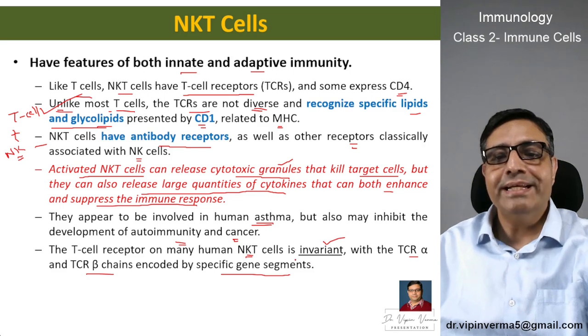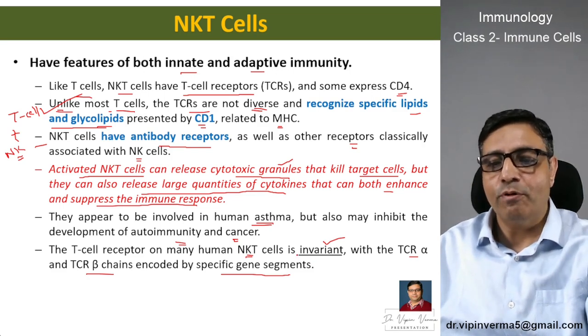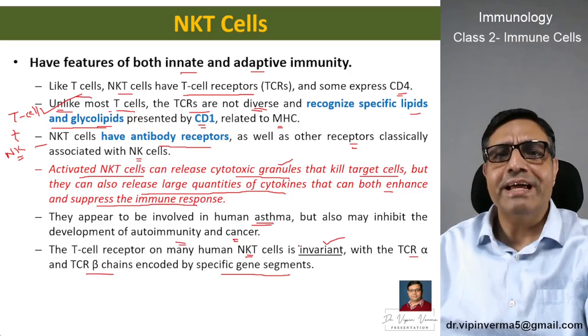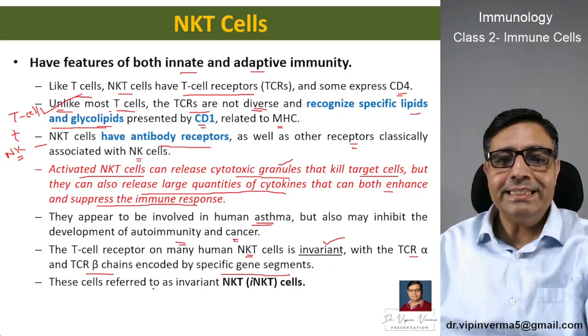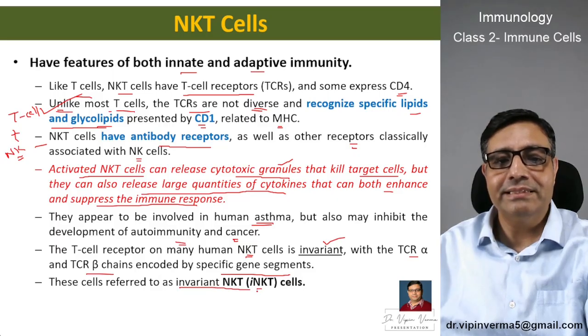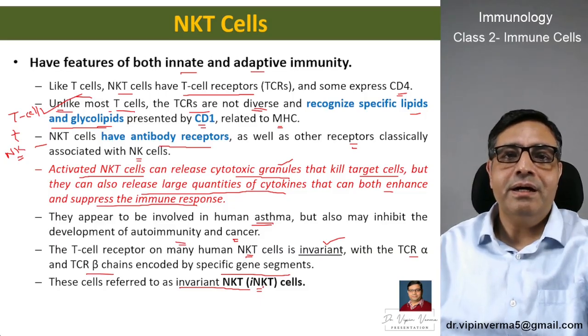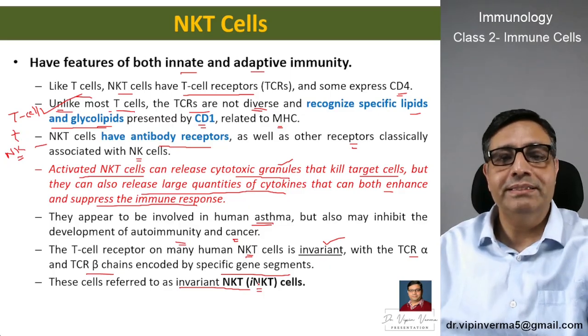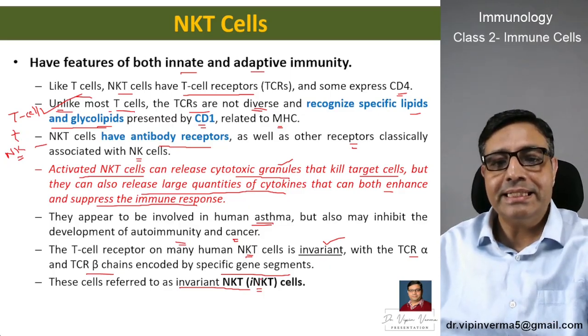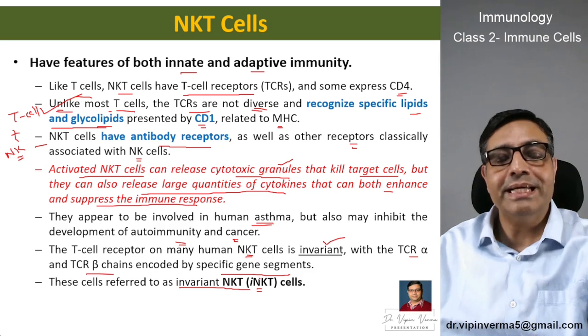So all the NKT cells will have almost the similar type of T cell receptor, not diverse. And these cells are referred to as the invariant NKT cells or iNKT cells. So iNKT cells are basically a subtype of NKT cells which show very limited diversity, or almost no variance, in the T cell receptor. That's why they are known as the invariant NKT cells.